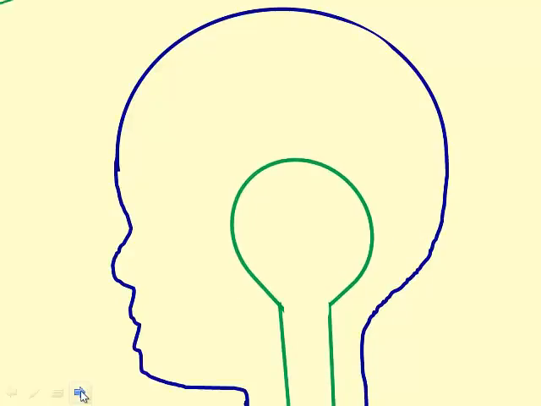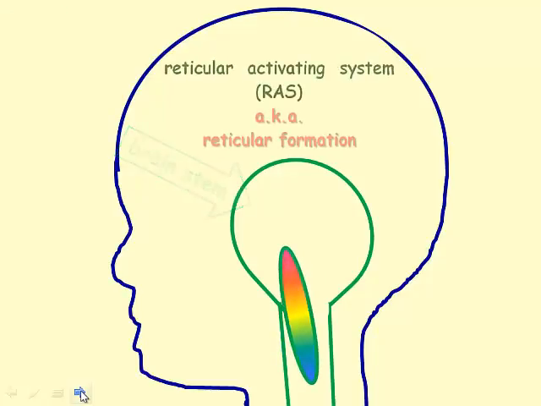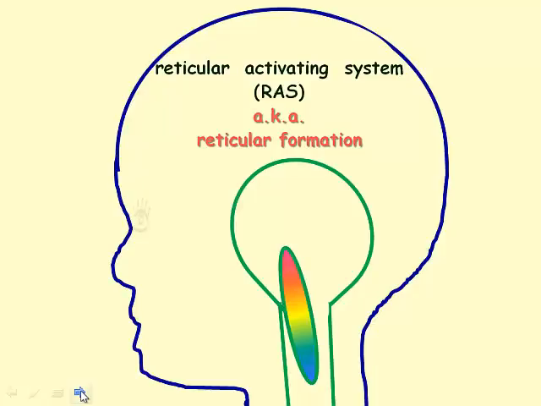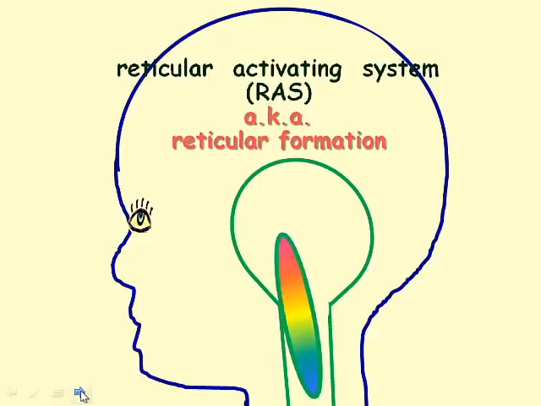I've made an area within the brainstem multicolored. This area is known by several names: the reticular activating system, or RAS, and the reticular formation. You have heard the word retina, a lens in your eye that takes in light. This information is communicated to the reticular formation.